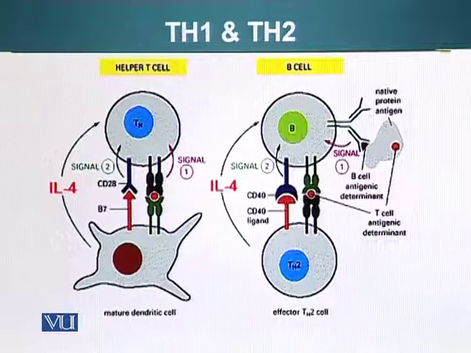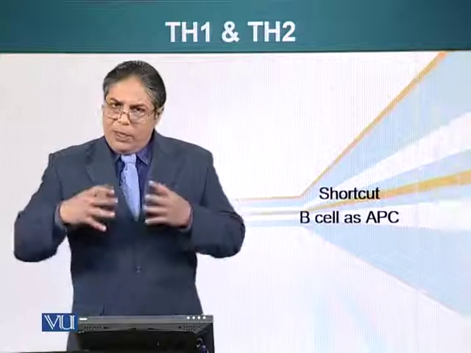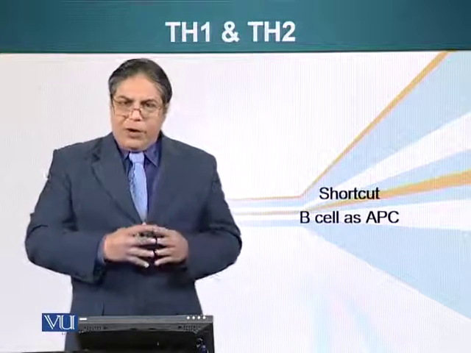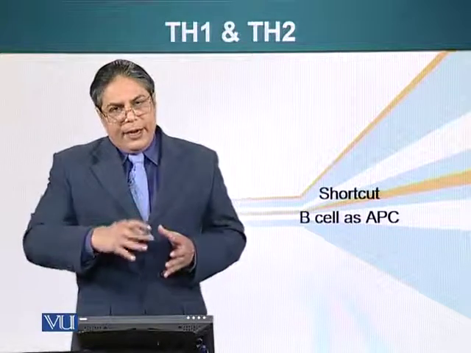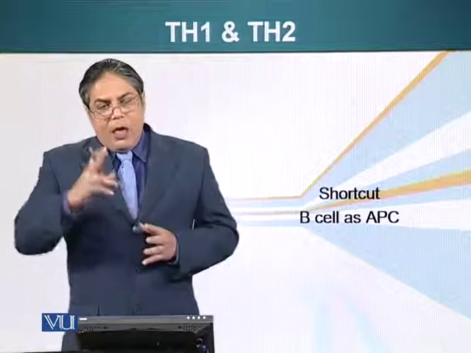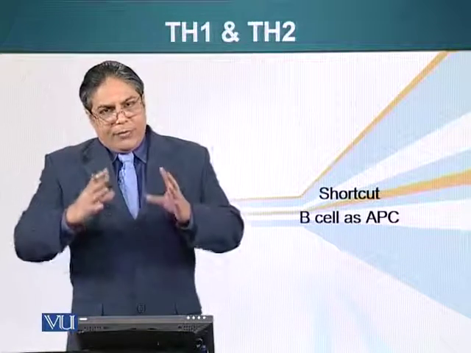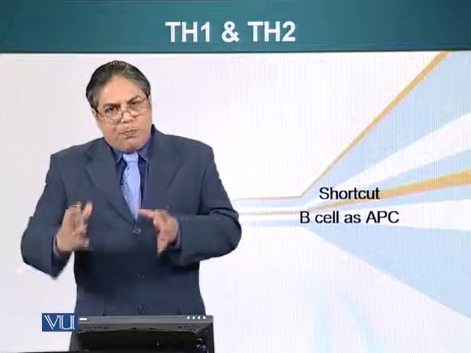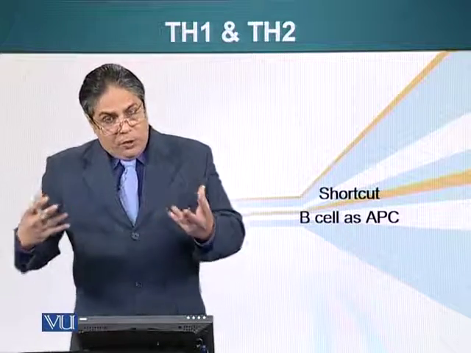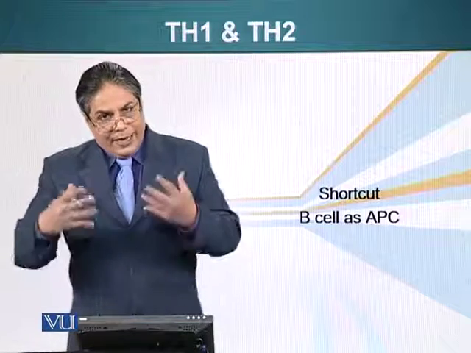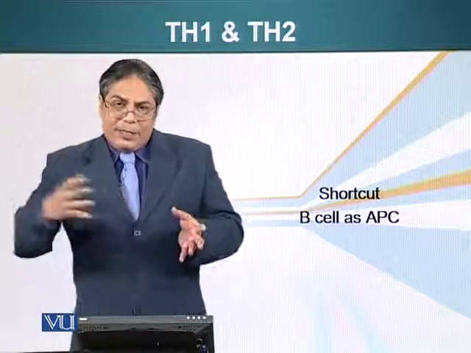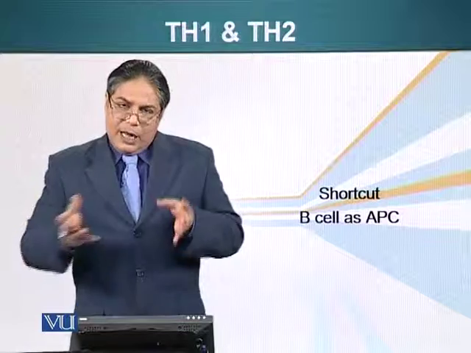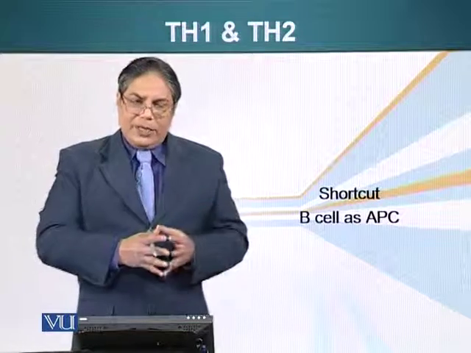I would like to tell you that initially when we talked about the reoccurrence of a particular infection, we said the secondary response is much greater. One of the reasons why it is greater is, remember we said that B cells, when they become mature, also divide. Some of the B cells, when they get activated, divide. Some form effector plasma cells, the other cells become memory cells.